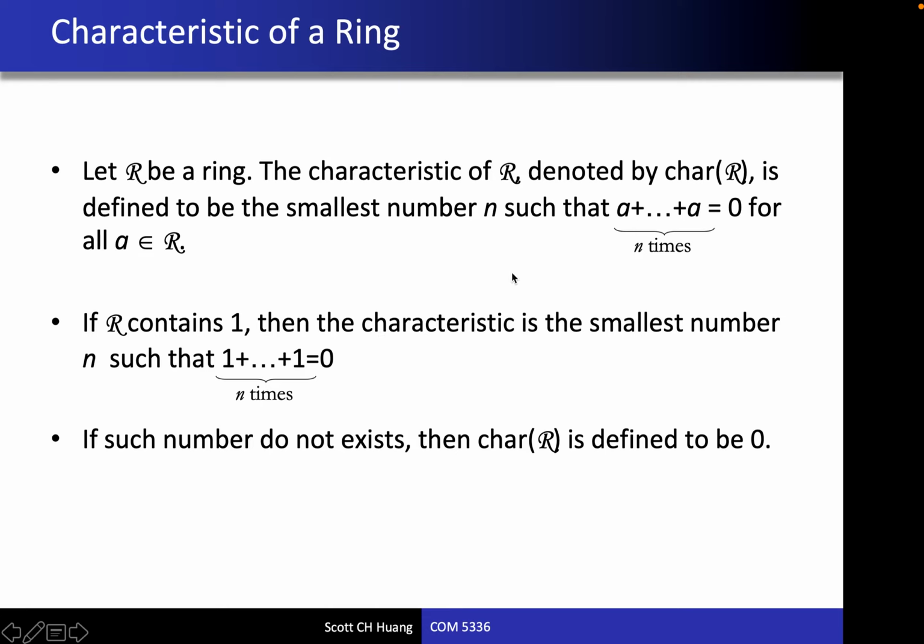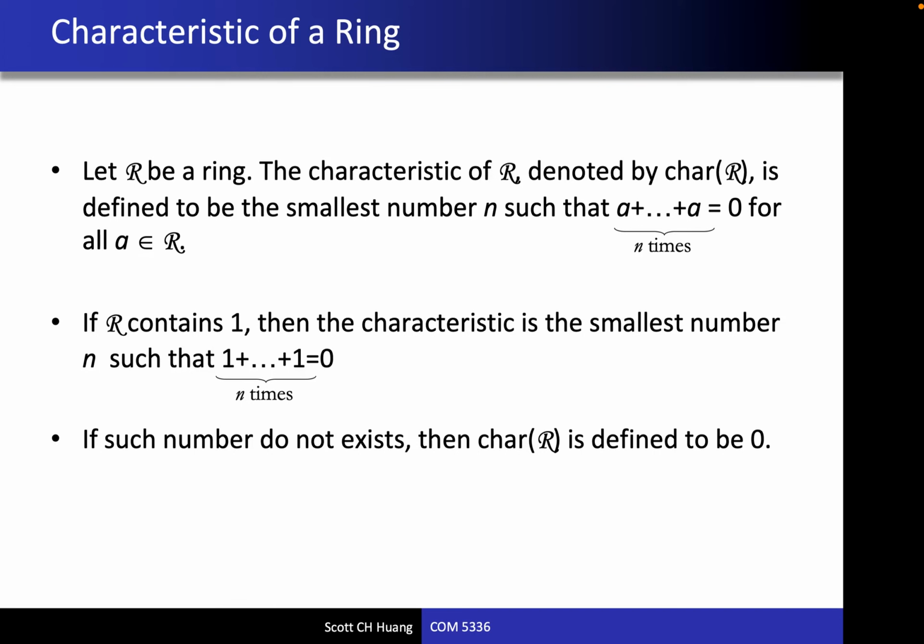This number represents the behavior of the field. You add the multiplicative identity. You keep adding that. If there is a time that if you add those, it will equal 0, then the smallest possible number to make this happen is called the characteristic of a ring, of a field.